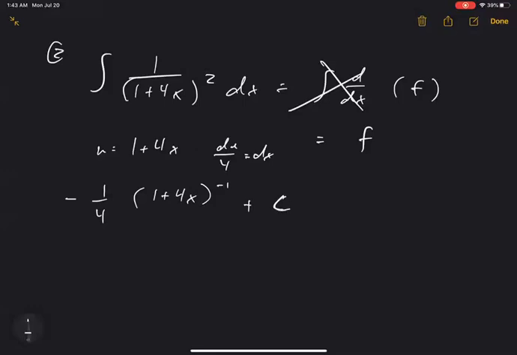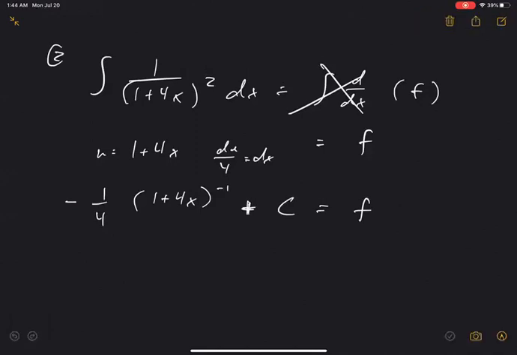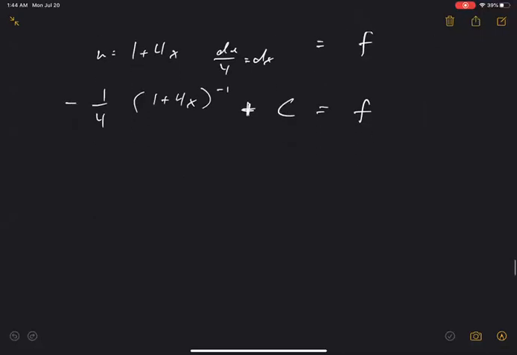And let's say there's a constant of integration. We can put that in there, but really it's going to get totally canceled out for this type of problem. We're going to have to deal with this in the other type of problem, but let's just keep track of it for now. So this is my f.